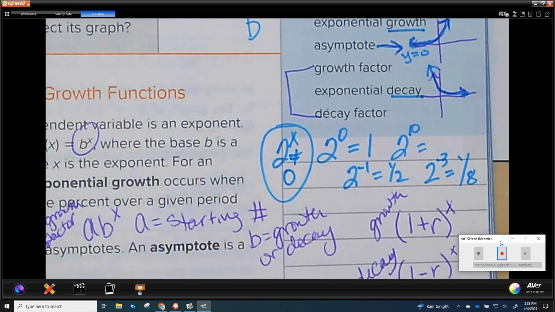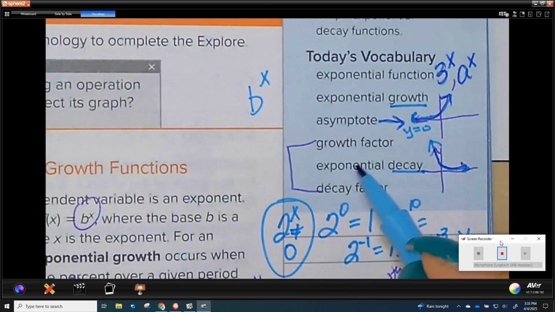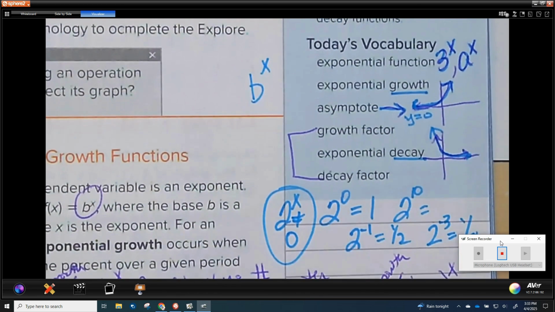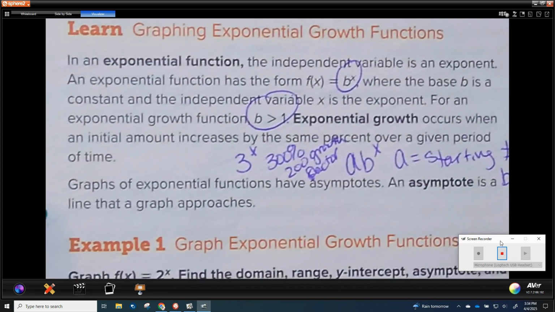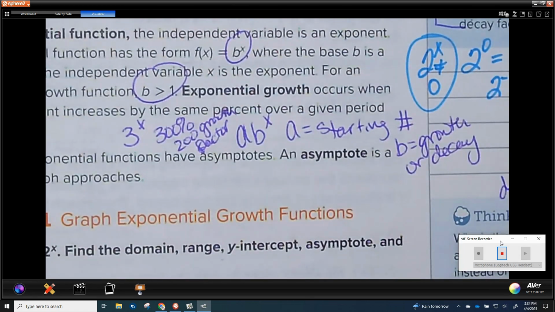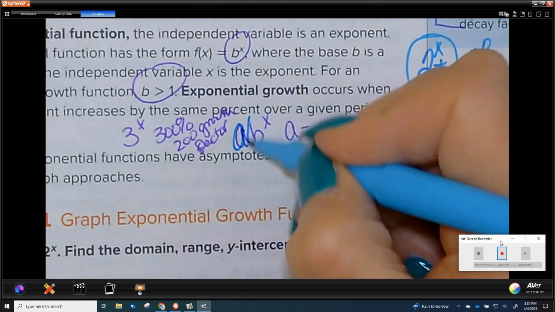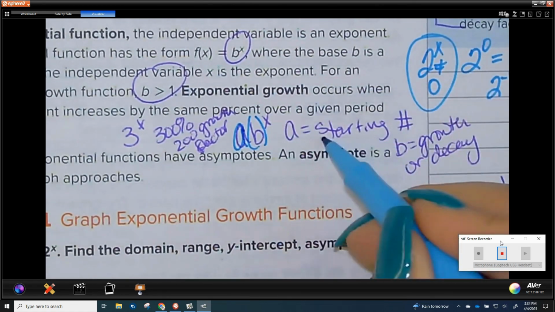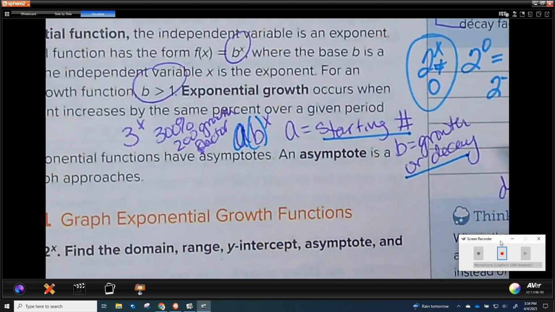The other things are the growth and decay factor, by how much it's growing or decaying, and we'll go over the difference between that and a rate. So an exponential function is a times b to the x. A is your starting amount, and b is either your growth or decay factor.